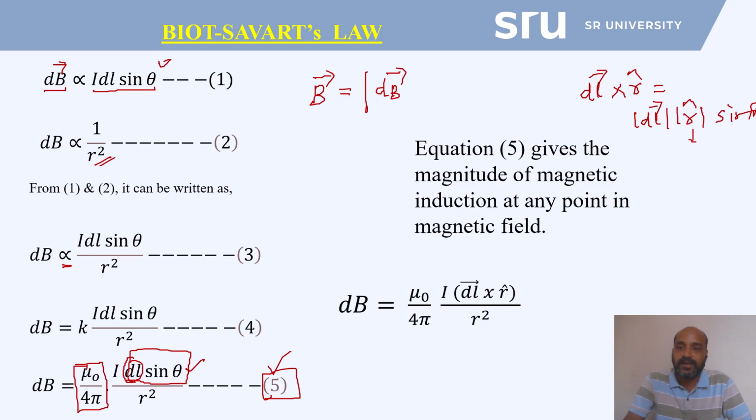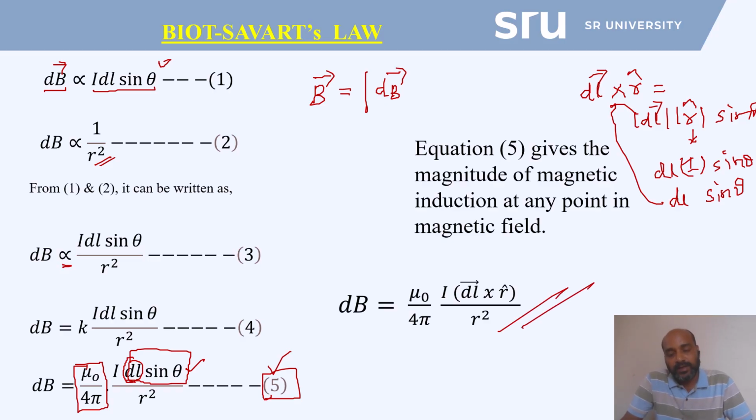You already said this r cap is a unit vector, so its magnitude will be 1 unit, and this is dl, and this is sine theta. So ultimately you will get dl sine theta. So you can write this dl sine theta as dl cross r cap by r square.